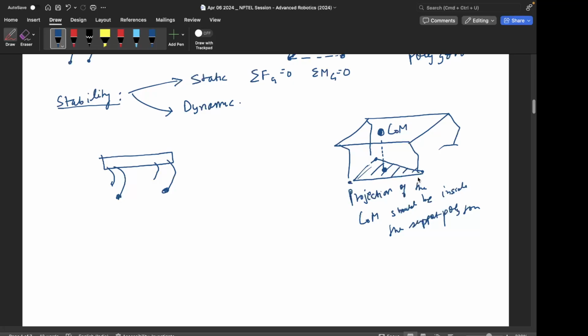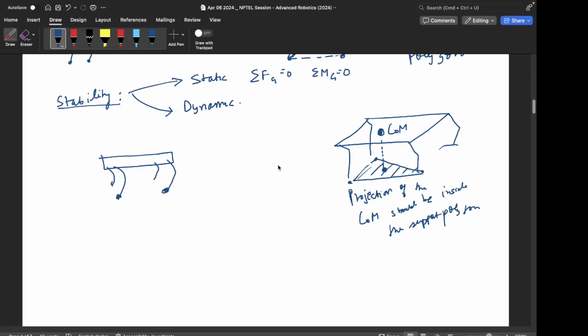And dynamic stability means that while you are moving you are stable, but if I just stop the robot in that configuration and stop the motion of all the joints, it might fall down. So dynamic stability means that it is stable in motion, right? While it is moving, the forces and moments are such that it is not falling down, right? So that is dynamic stability.